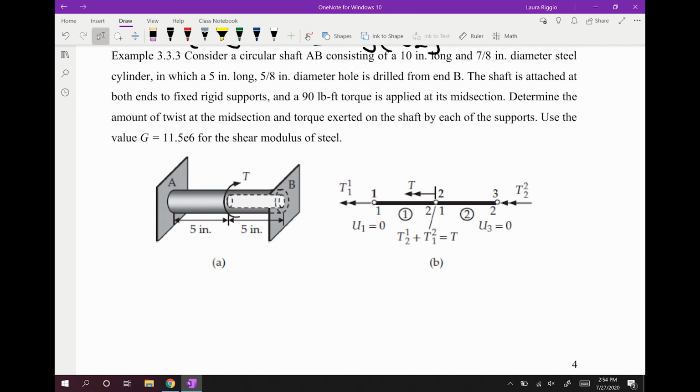This is example 3.33 in, I believe, the 3rd edition, possibly the 4th edition. Oh no, it's in the 4th edition. It's in the 3rd edition as well, but that's in chapter 4.